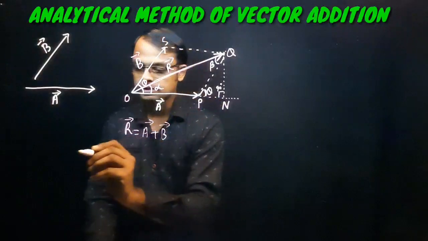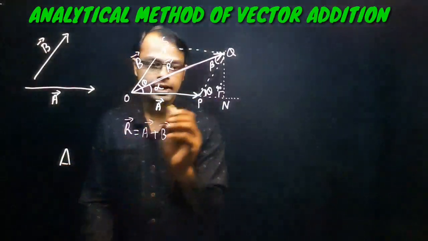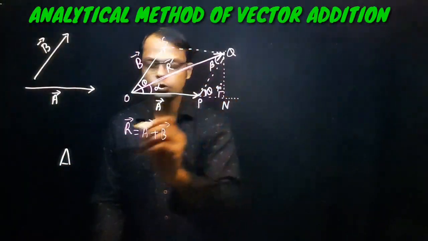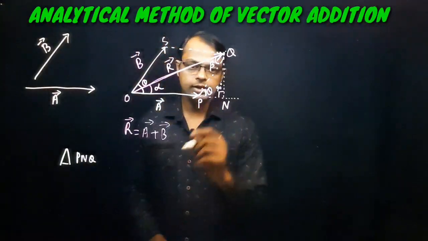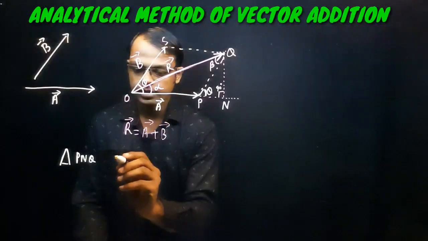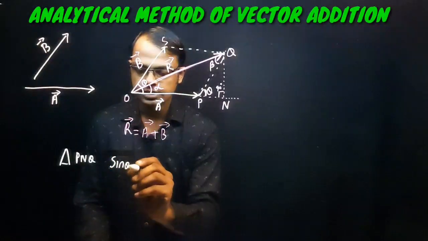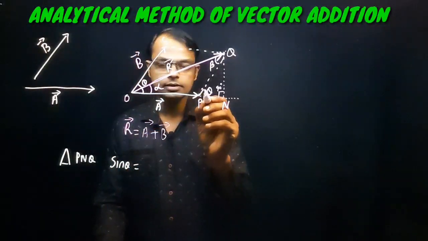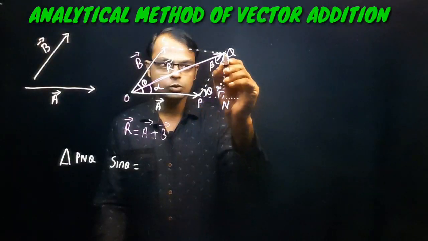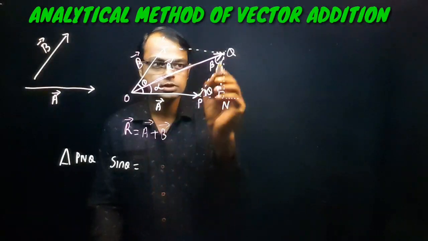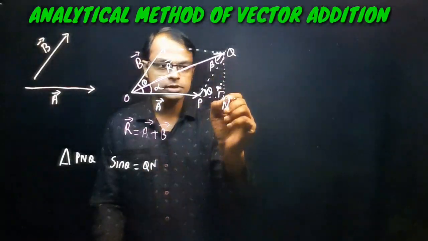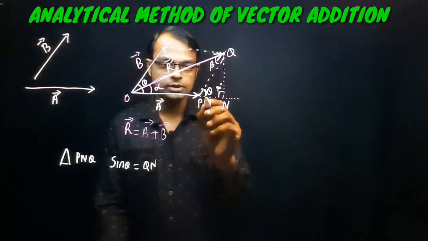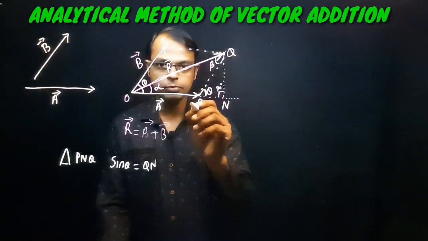First, consider the triangle PNQ. From the triangle PNQ, find sine theta. Sine theta is equal to the opposite side, that is QN, divided by the hypotenuse.